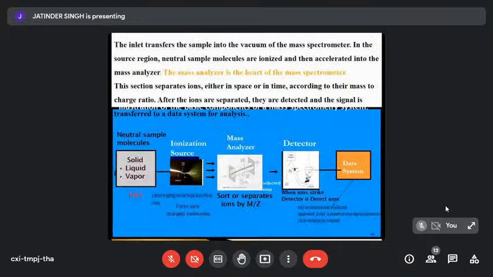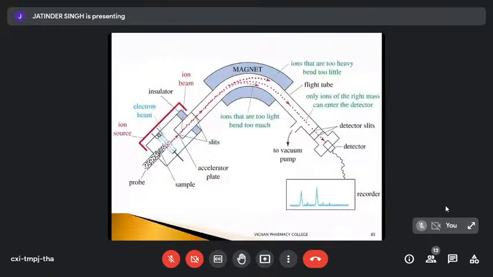The main thing is I will show you how the mass spectrometer works. We inject the sample. Let me tell you first the different components. This is the ion source. This is under high vacuum.